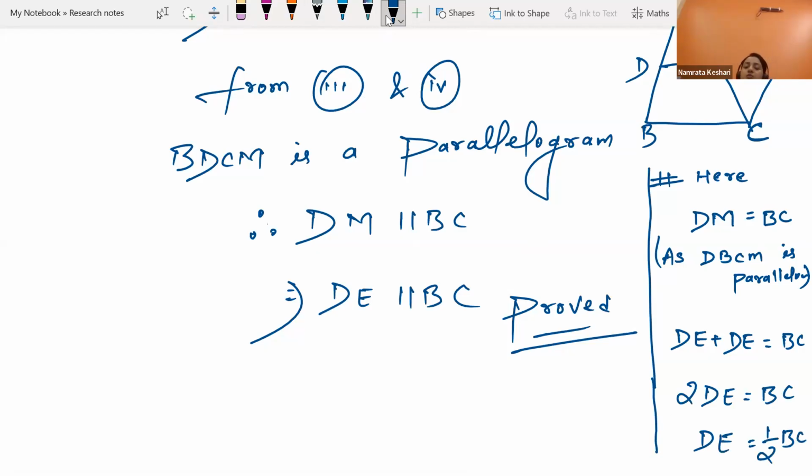Is it making sense to all of you that DM and BC are equal with each other? DM means DE plus EM, but DE and EM both are equal. That's why I am writing DM as DE plus DE. Please don't get confused.